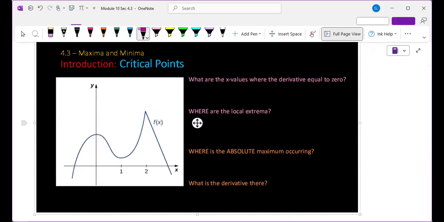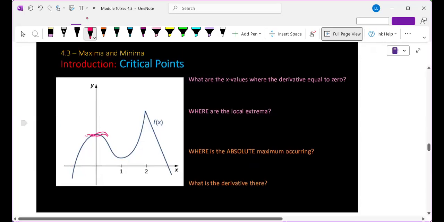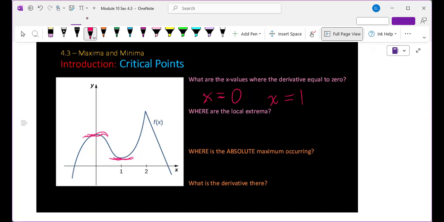All right, so if I look, I've got a derivative of 0 here and here. So at x equals 0 and x equals 1. So that's a local max and a local min.